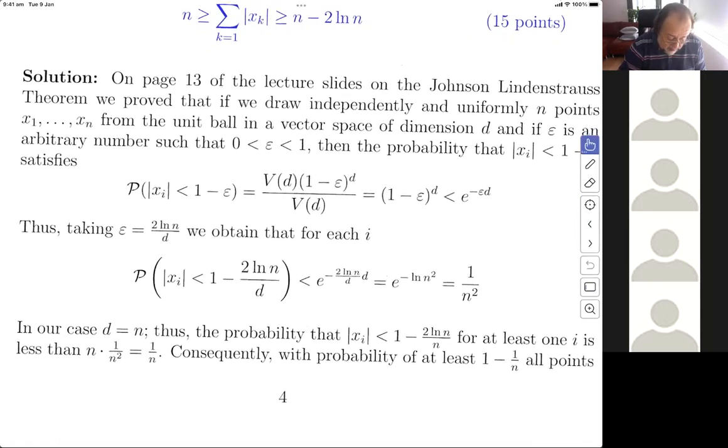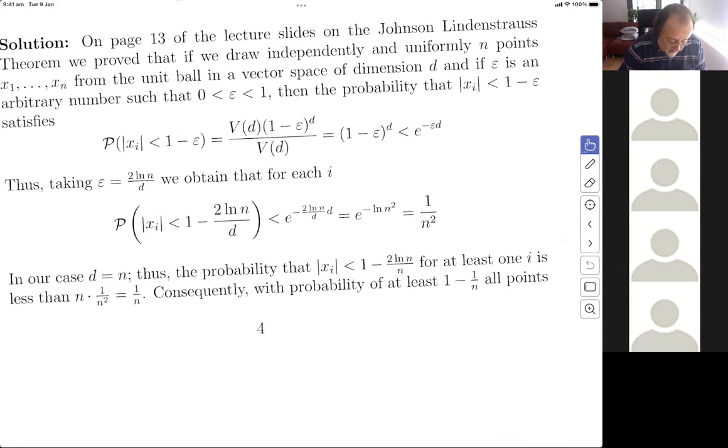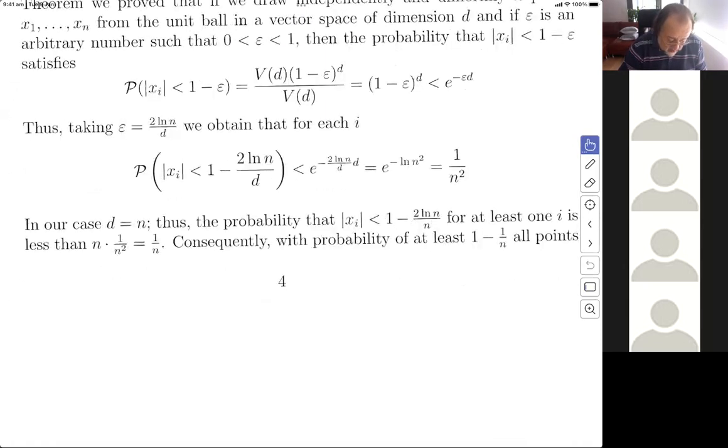That you have this probability estimate.